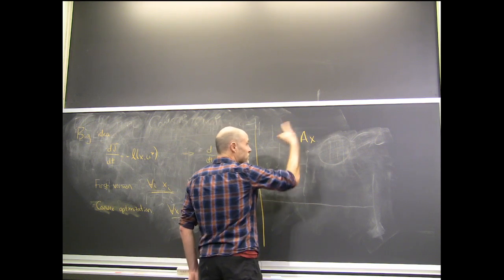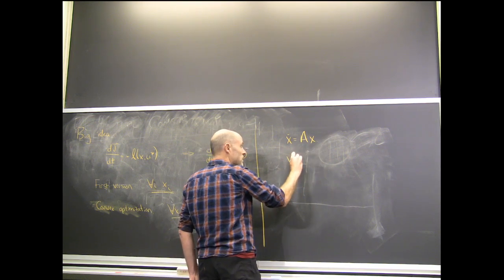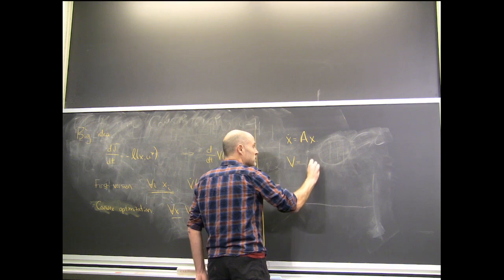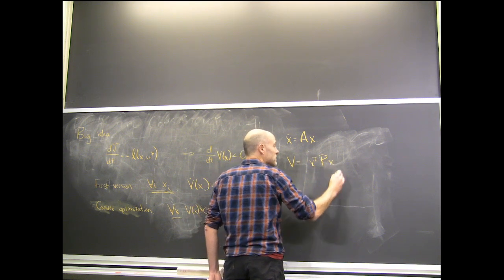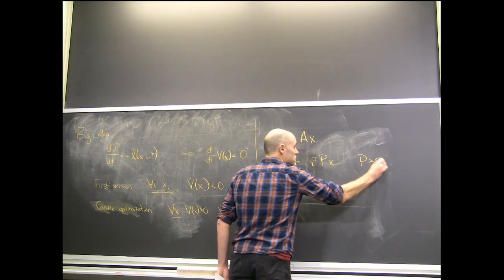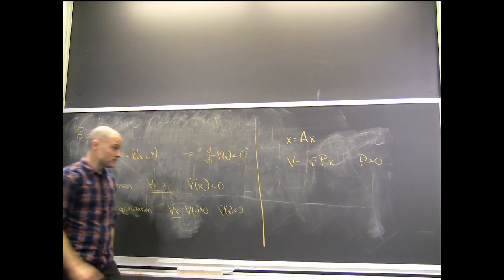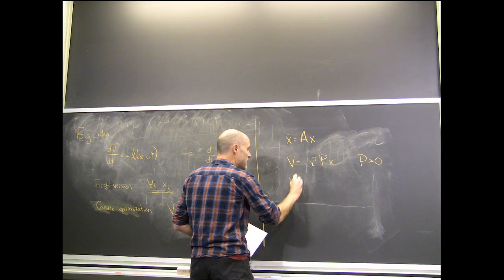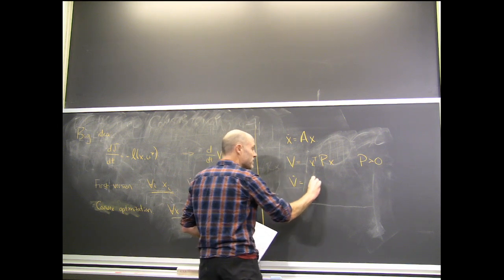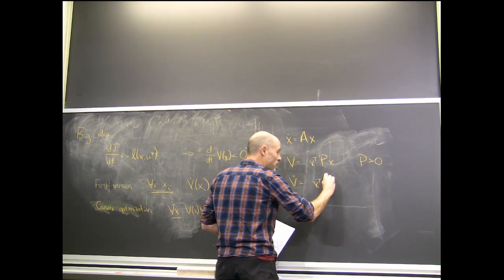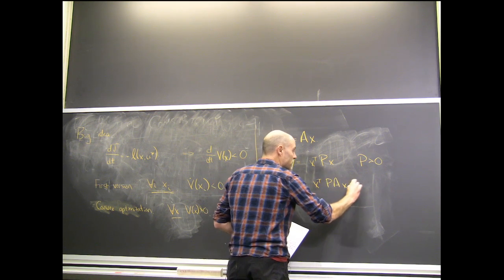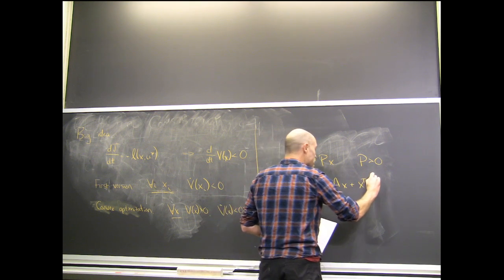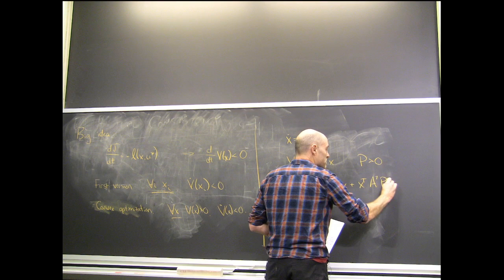If I have just a simple linear system and I want to find a P that's greater than 0, such that V dot, which I can write as x transpose P A x plus x transpose A transpose P x, I want this to be less than 0.